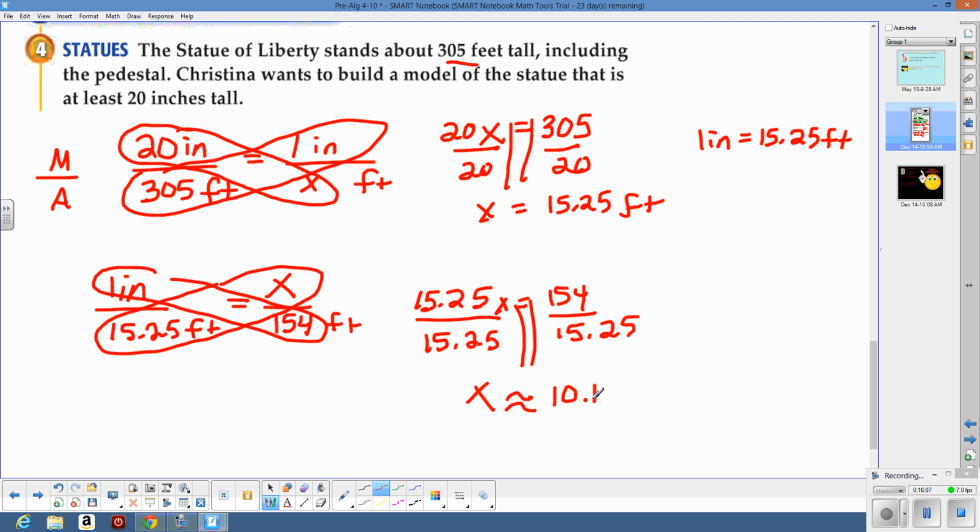It's kind of an ugly number, so we're just going to round it to 10 and 1/10 inches. So if we wanted to make a model that's at least 20 inches tall, the pedestal part of the Statue of Liberty would have to be about 10.1 inches.